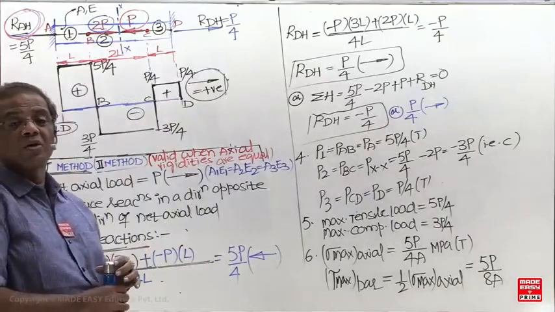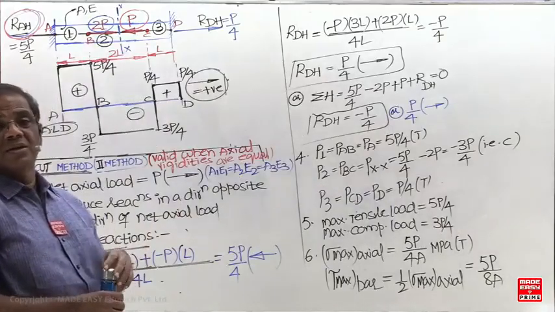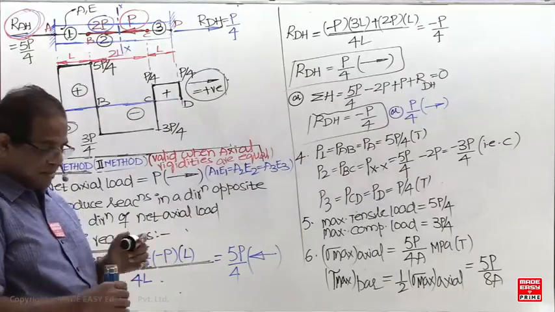In most questions they are going to give the axial rigidity the same. By chance, if the axial rigidity is not the same, then you cannot use this method.